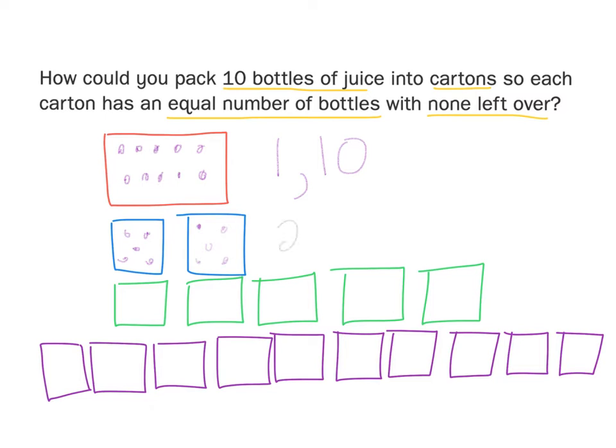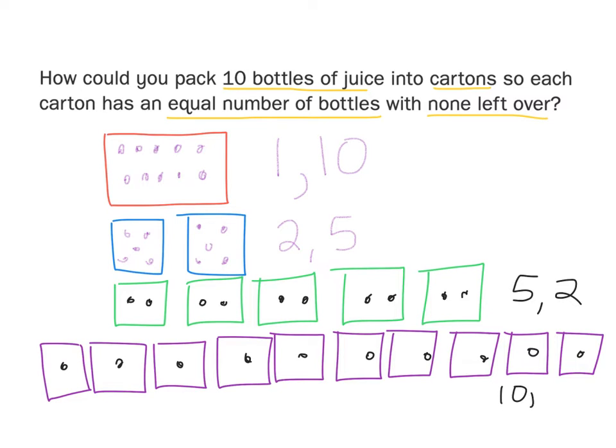So we would say 2 and 5 would be the factors there. And then for the next one, we could have 5 cartons. And if we had 5 cartons, then we would have 2 bottles of juice in each of those 5 cartons. So that's 5 and a 2. And this last one, if we had 10 cartons, we would put 1 bottle of juice in each carton. So our factors would be 10 and 1.